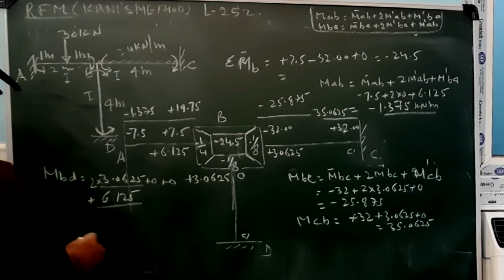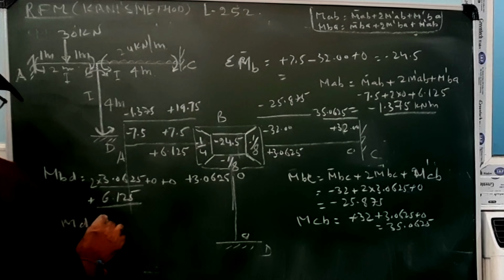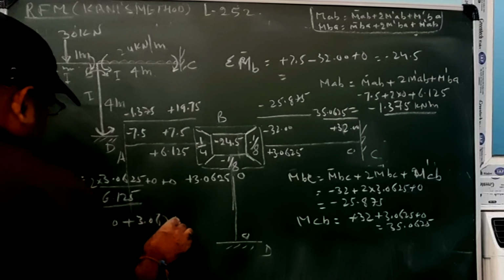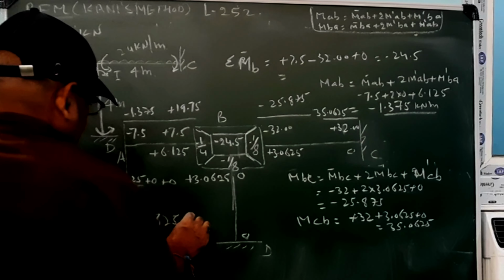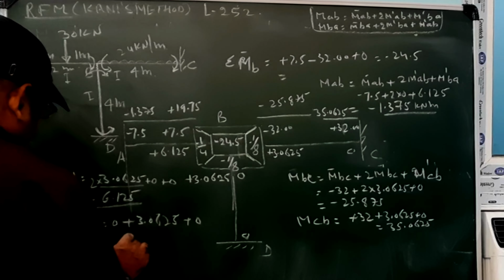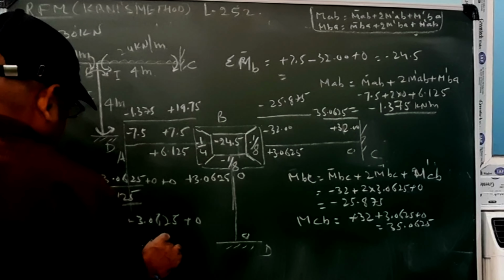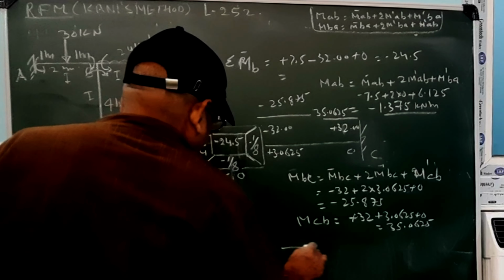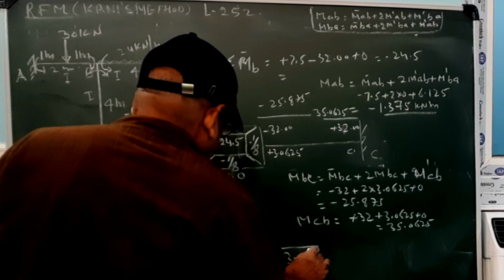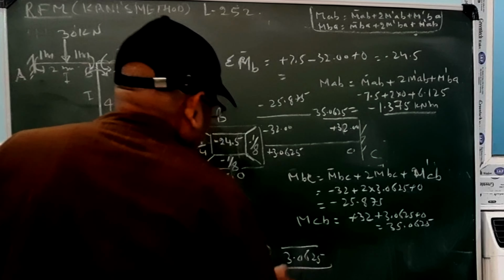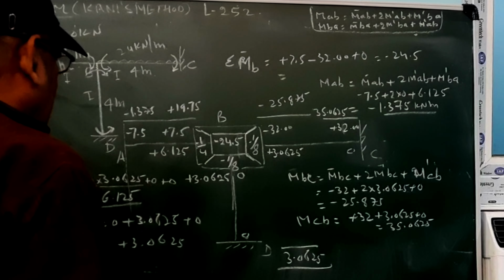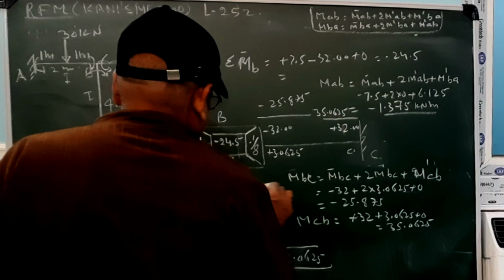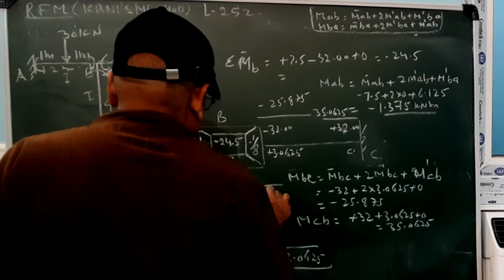And what about MDC? MDC is equal to 0 plus 3.0625 plus 0, so this is plus 3.0625. So the total is 3.0625, and this total is equal to 6.125.